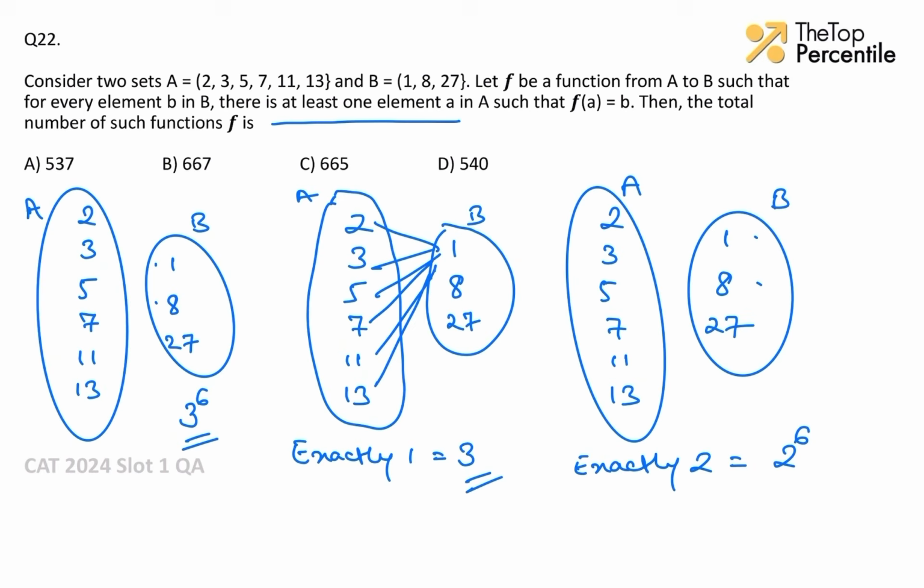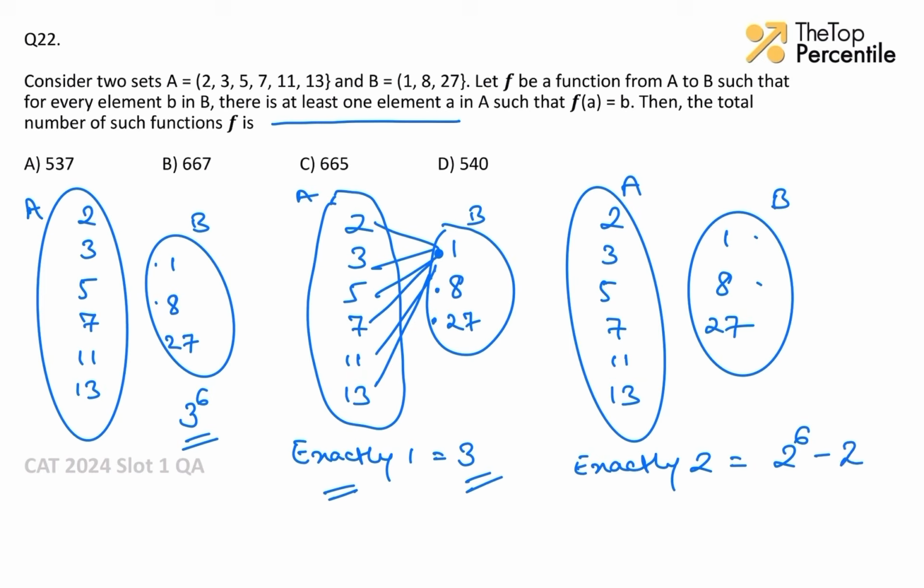But again, remember, this will also include a case in which 2, 3, 5, 7, 11, 13 are all mapped to only 1, and a case in which all these values are mapped onto only 8. These two cases have already been counted in the exactly-one case, in which all elements are mapped onto only 1, only 8, or only 27, which gave me 3. So I'll subtract 2 such cases.